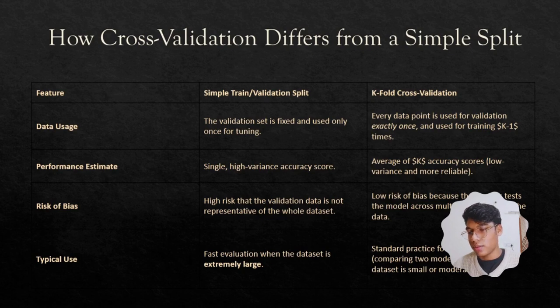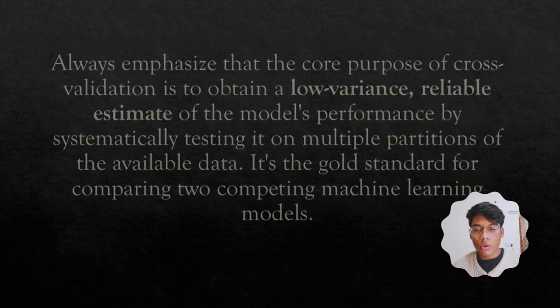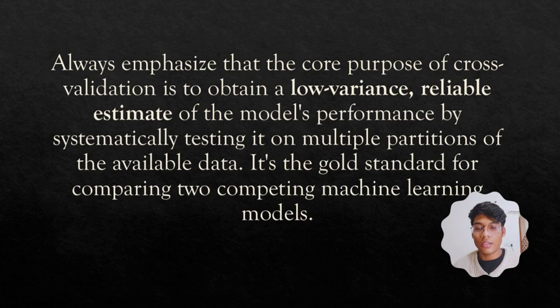Typical use case: the simple train and validation split gives fast evaluation when the data set is extremely large, while K-fold is the standard practice for model selection, comparing two models, and when the data set is small or moderately sized.